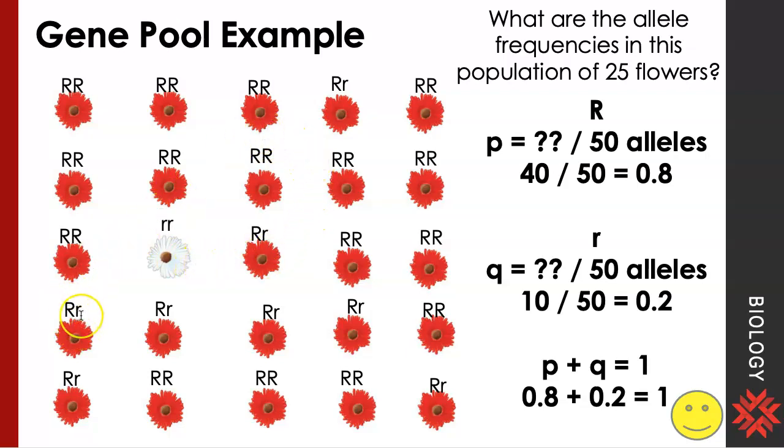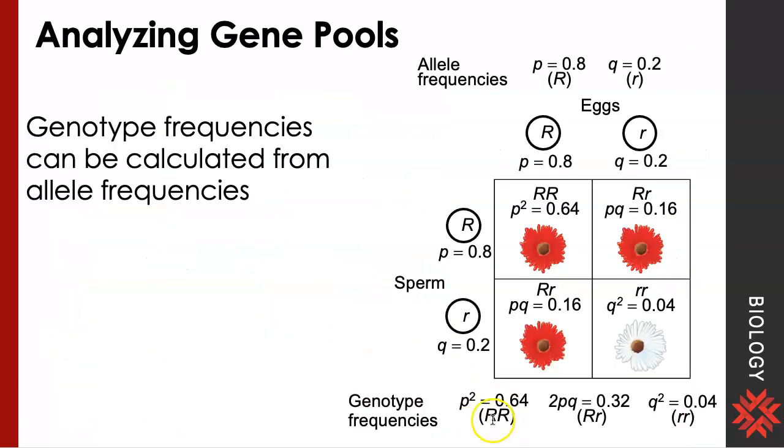And if you count them out, there are 8 heterozygous flowers here. And lastly, 4% would be homozygous recessive or little r, and that would be 1 flower, and there is 1 flower here. So this population here, the gene pool from this population controls the next generation.